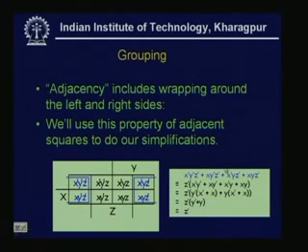Though the table is kept flat, if we fold it in a cylindrical manner, the rightmost column and the leftmost column are adjacent. So we can group them together, and we will use this property of adjacent squares to do our simplifications.